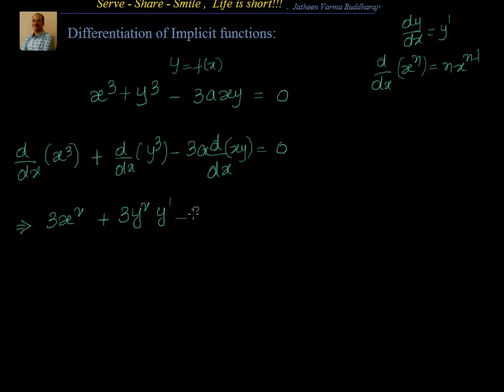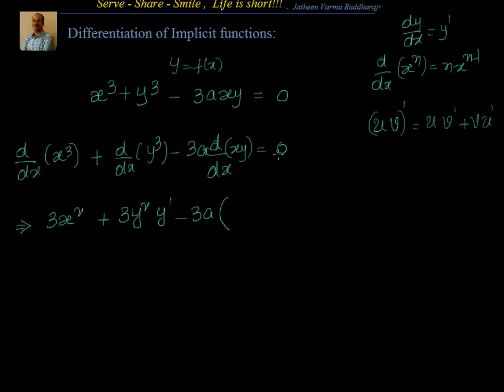Then minus 3a into d by dx of xy. Here we have to use the uv formula. The derivative of uv is u into v dash plus v into u dash, or you can also write u into dv plus v into du.